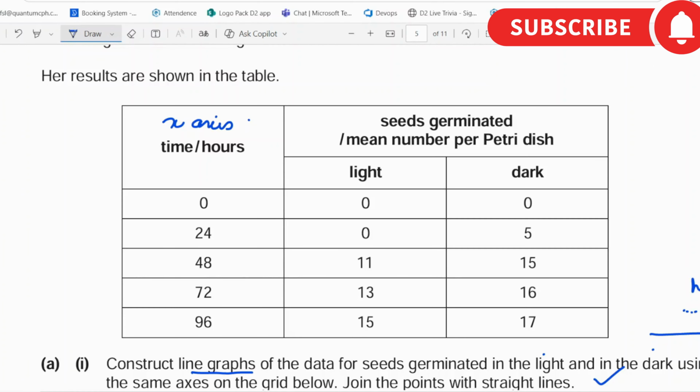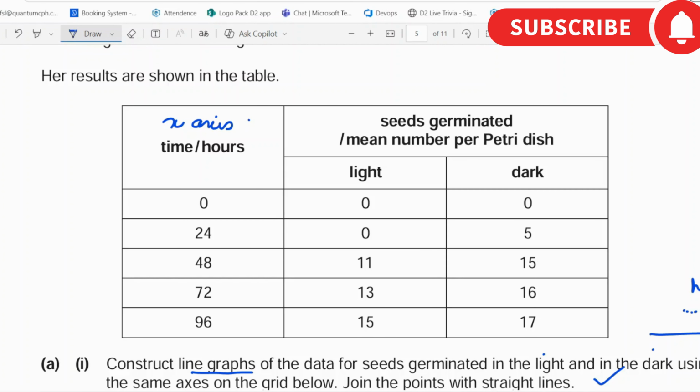We have studied that the radicle grows first, right? The root grows first, so it doesn't need light. Root doesn't need light. Just explain this one.